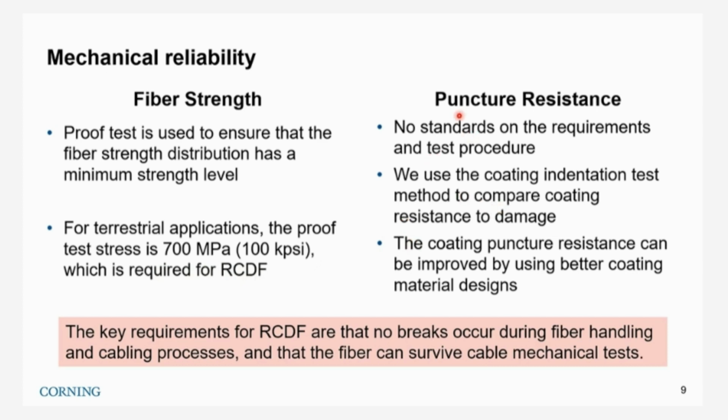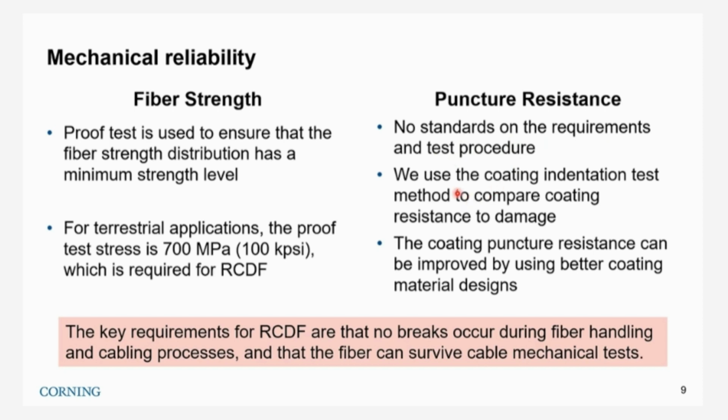Another aspect is the puncture resistance. When particles are applied to the coating, the particle can damage the coating, and if the particle touches the glass, it can cause damage. For puncture resistance, currently there are no industrial standards and test procedures.